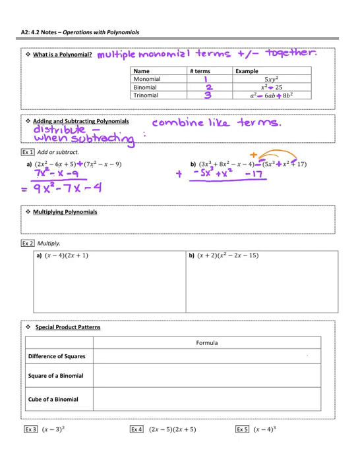So I line up the like terms, and then just the coefficients is what you combine. So 3 minus 5 is a negative 2x cubed. 8 plus 1 is 9. The negative x has no one to join with, so it just comes down as negative x. And negative 4 minus 17 gives me my negative 21. And that would be your final answer.